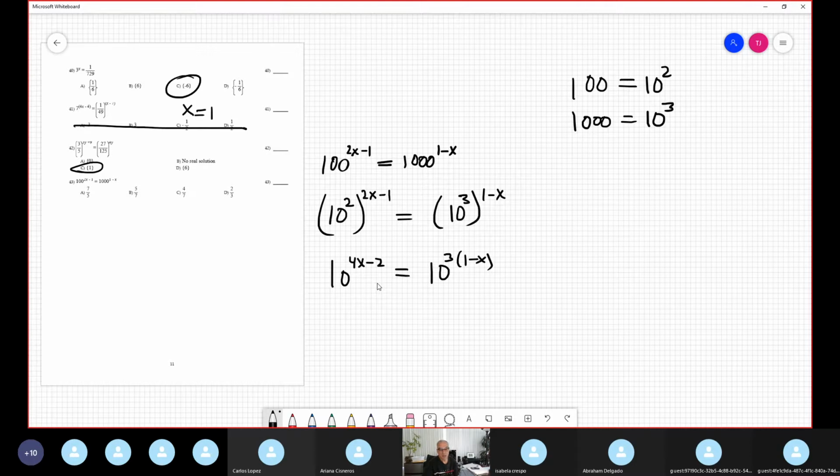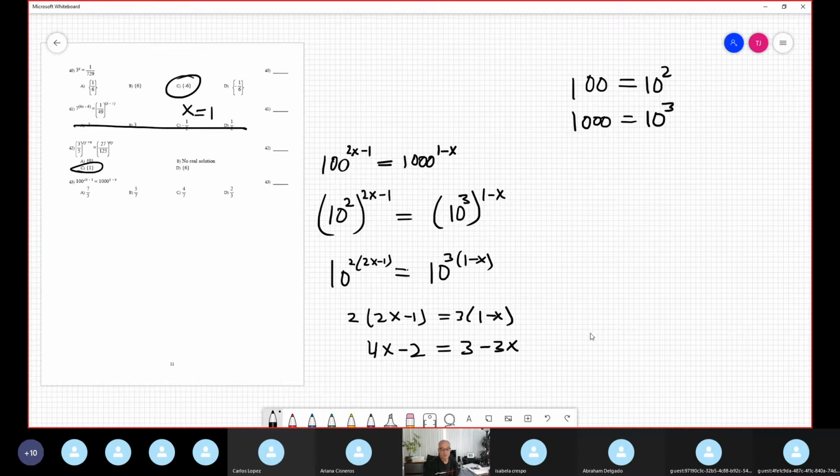Well, in that case, I did multiplication, but more elegant, much better is, for example, to set it out like that. 2x minus 1. Okay, ready. Two exponentials with the same base, so 2x minus 1 is equal to 3 times 1 minus x. That is 4x minus 2 is equal to 3 minus 3x.